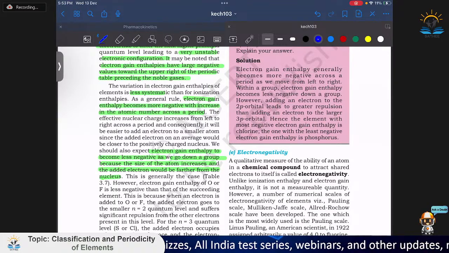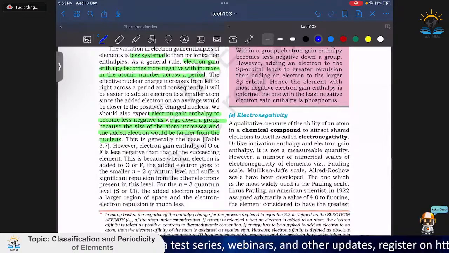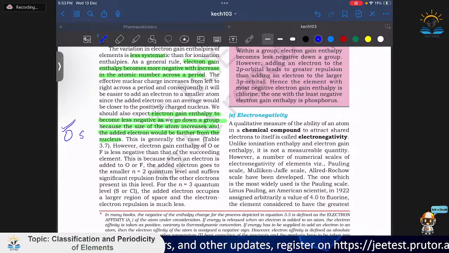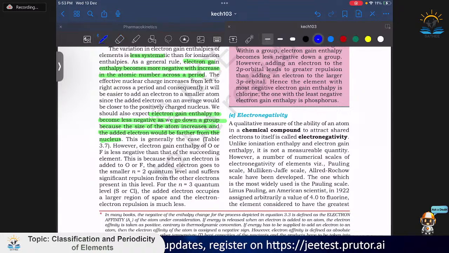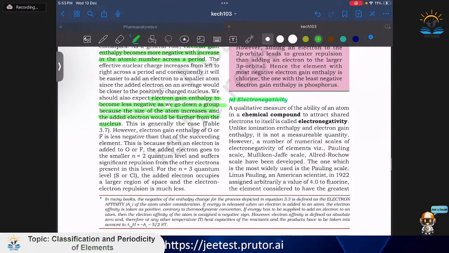So if I ask you, oxygen and sulfur, which has the tendency to attract more electrons? Definitely oxygen. That you'll come to see in the next section. Why oxygen? See, oxygen tends to gain electrons more than sulfur. That means oxygen is more electronegative. That is our next and maybe the last trend.